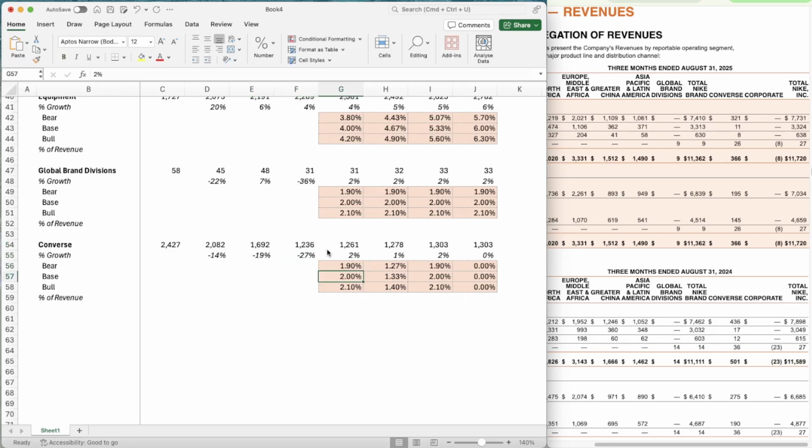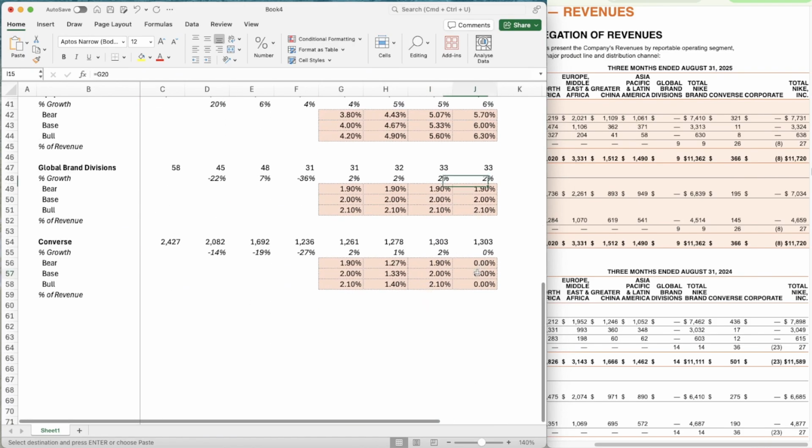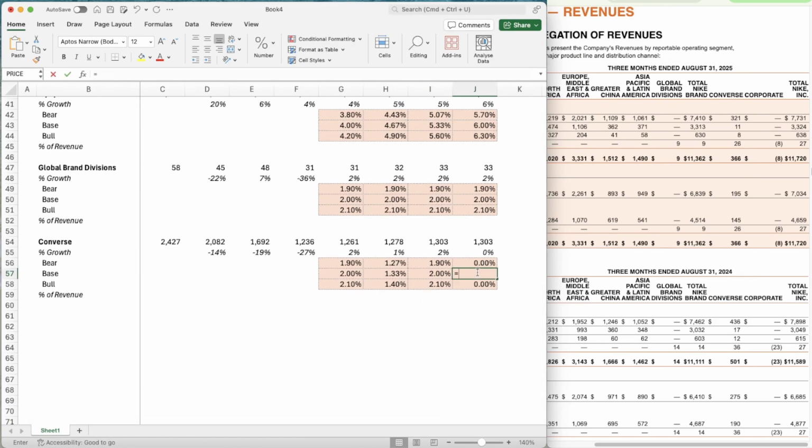Okay. Again, we'll go for a 2%. Maybe Converse somehow comes back to growth. What did we say? Equals G14, is it? Yeah, good.